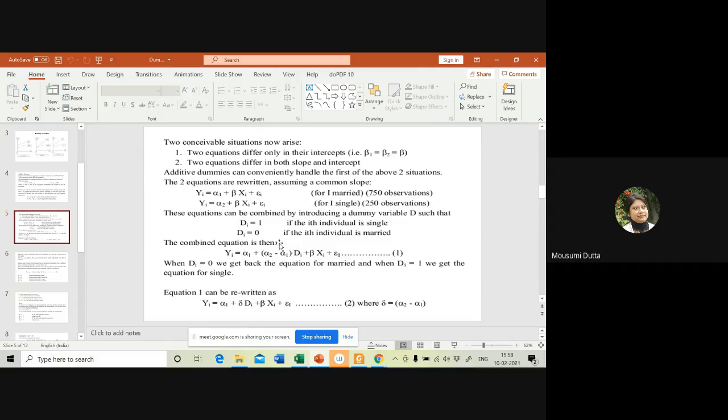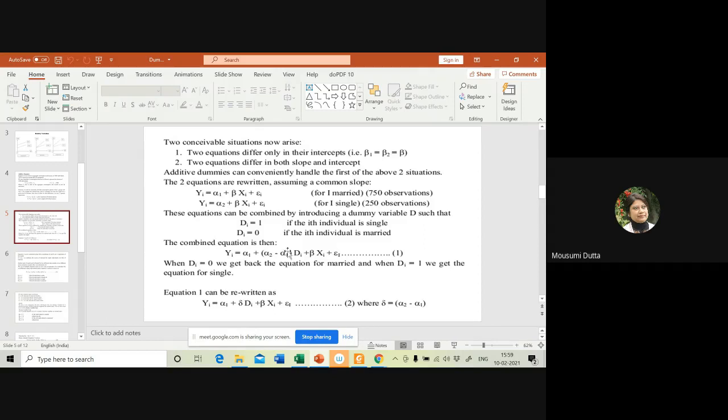So depending on the value of alpha 2 minus alpha 1, it will be decided which group will lie above and which group will lie below, like any other intercept. Finally, the value will decide. If I write it this way, we call the first group, that is the married group, the reference category.